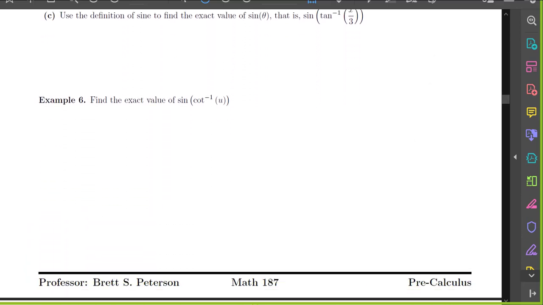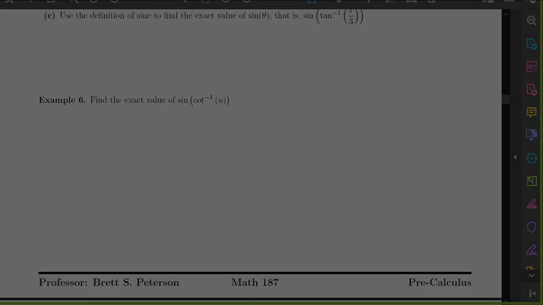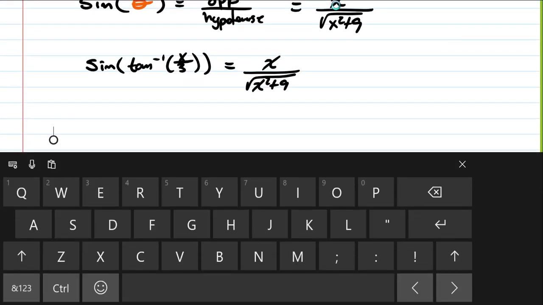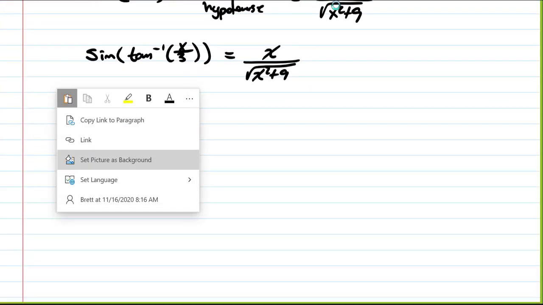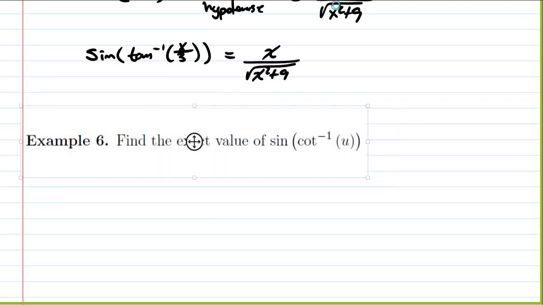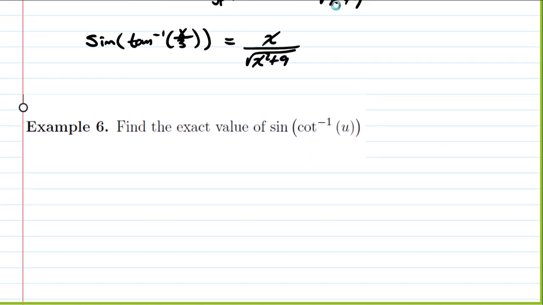All right. So we want to find the exact value of the sine of the inverse cotangent of u. So once again, we're going to let theta equal the inverse cotangent of u.